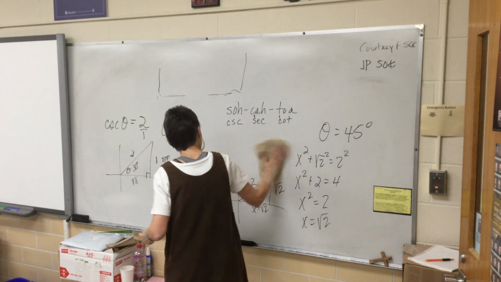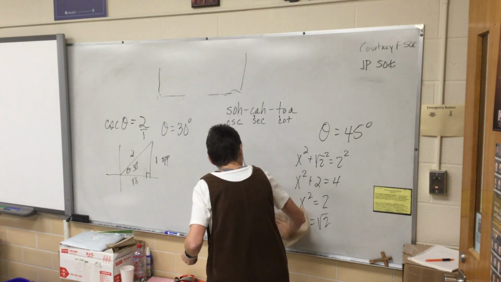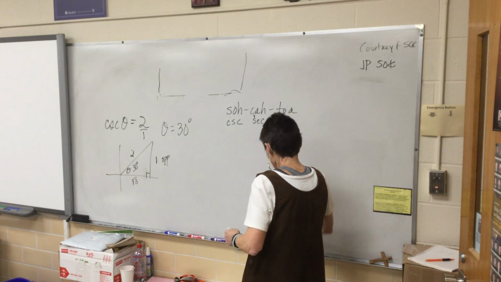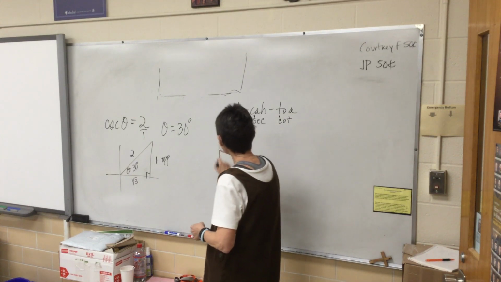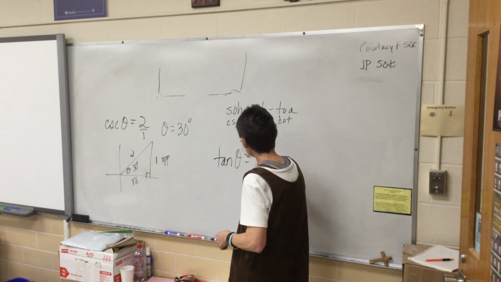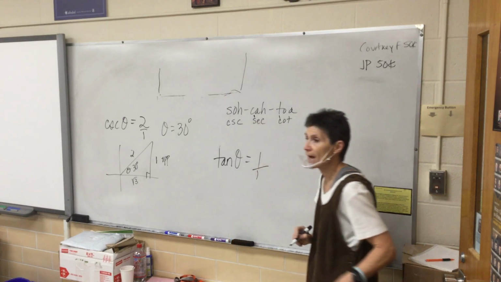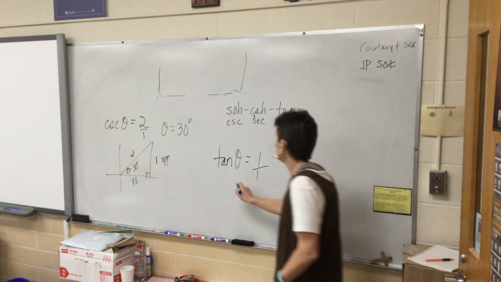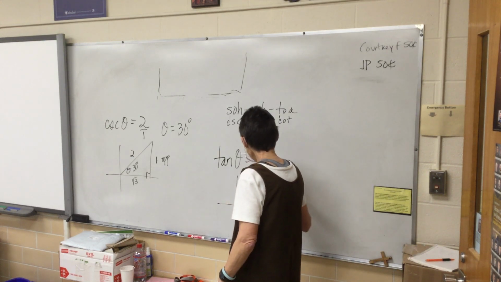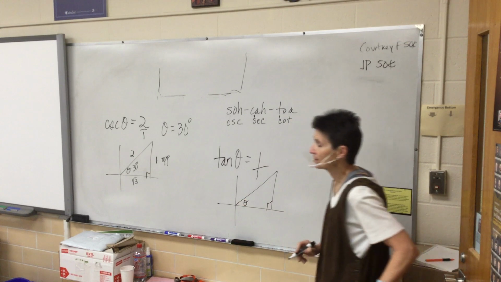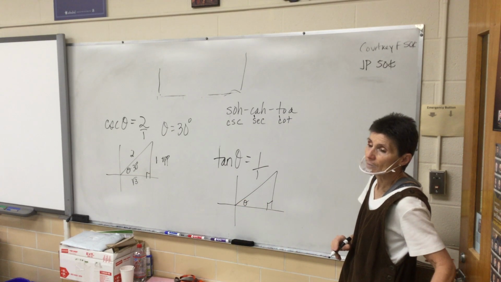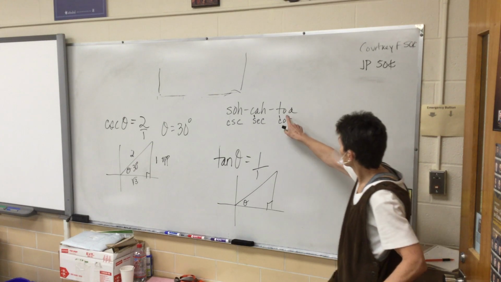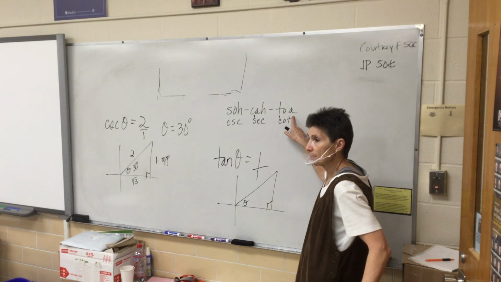One more of those. These are probably the hardest ones in the whole class. C. So we've got to figure out what angle has a tangent of 1. So again, I'm going to think of that as a fraction, 1/1. So when I draw my triangle, there's my angle I have to figure out. What's tangent? Opposite over adjacent.